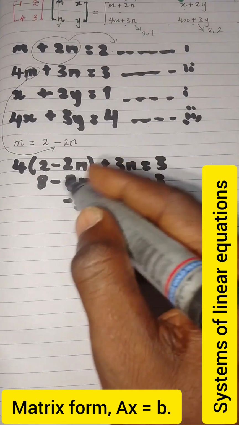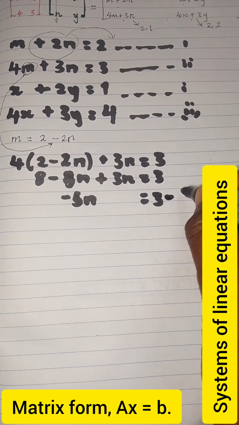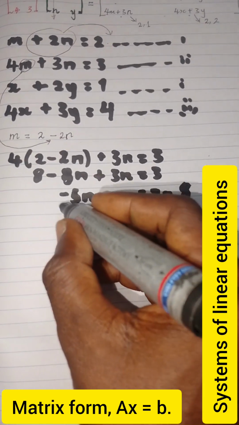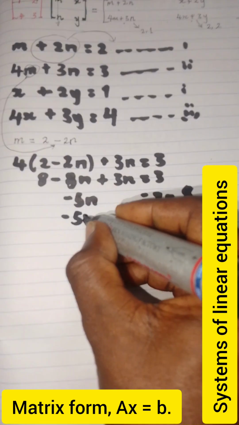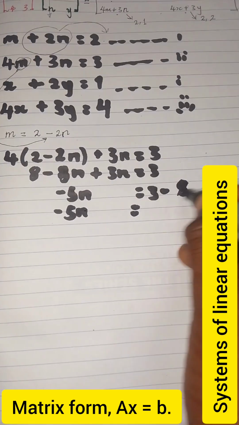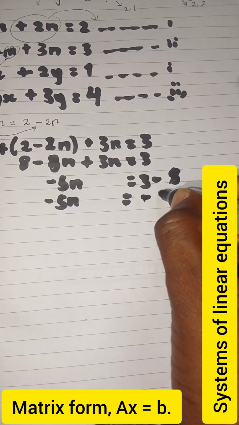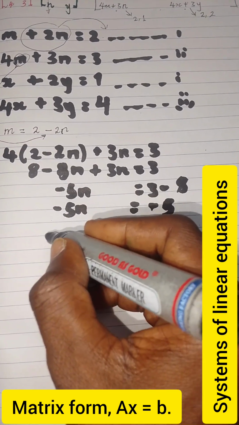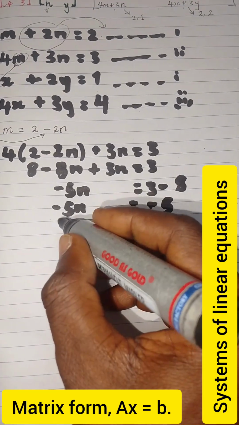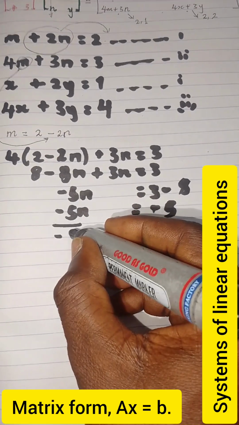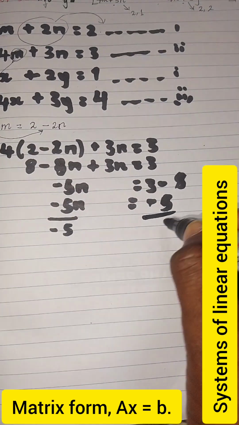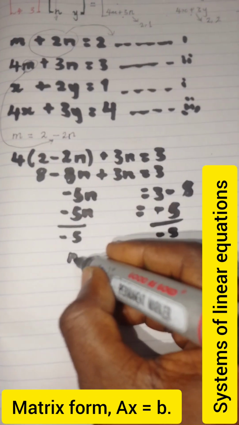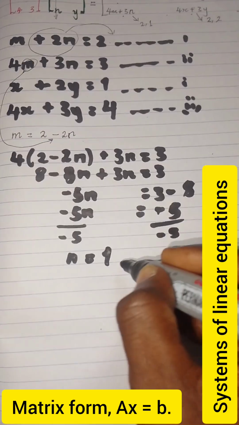So we've got minus 5n equals 3 minus 8, which is minus 5. When we divide both sides by minus 5, all we get is n equals 1. So we've gotten the value of n.